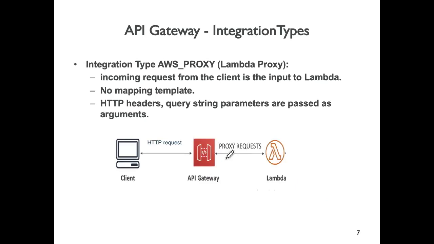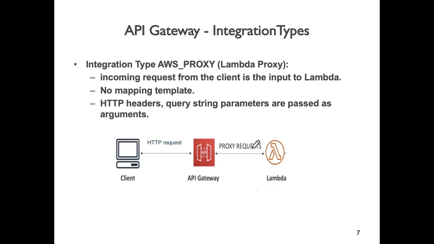The next integration type is AWS proxy, and this is the one that we're going to be using. The characteristics of this AWS proxy integration type are that your request is coming in over HTTP, and that HTTP request is essentially proxied on to your backend, which in our case and in most cases will be Lambda.